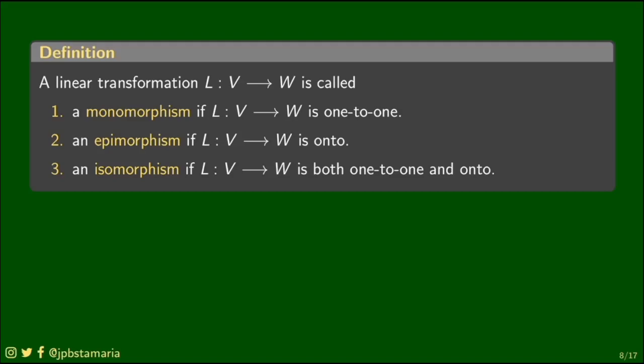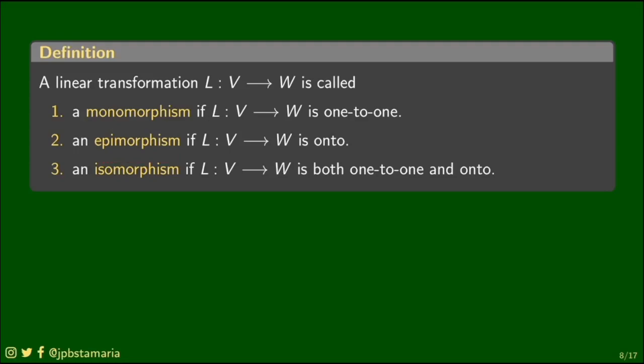For a linear transformation L from V to W, whenever a linear transformation is one-to-one, we have a fancy name for it. We call it a monomorphism. Whenever a linear transformation is onto, that is, the range is equal to W, it uses up all of W, we call it an epimorphism.